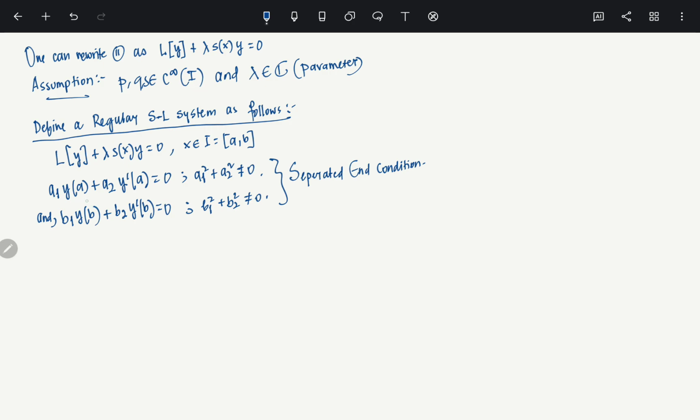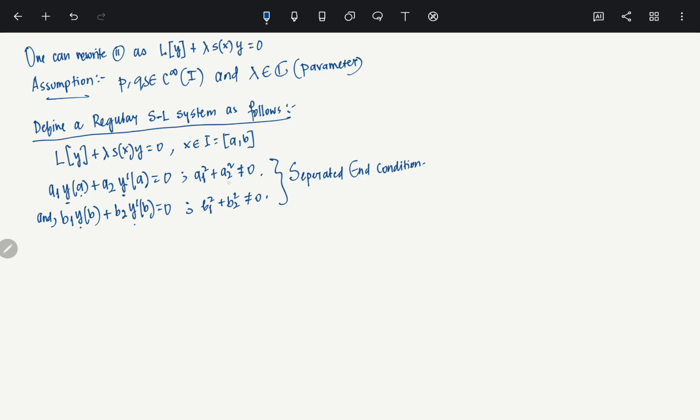Let us look at the first condition. The first condition gives you information on what y and y prime do at the point a, and the second condition tells you what y and y prime do at the point b. So at the two endpoints, these are the two conditions.